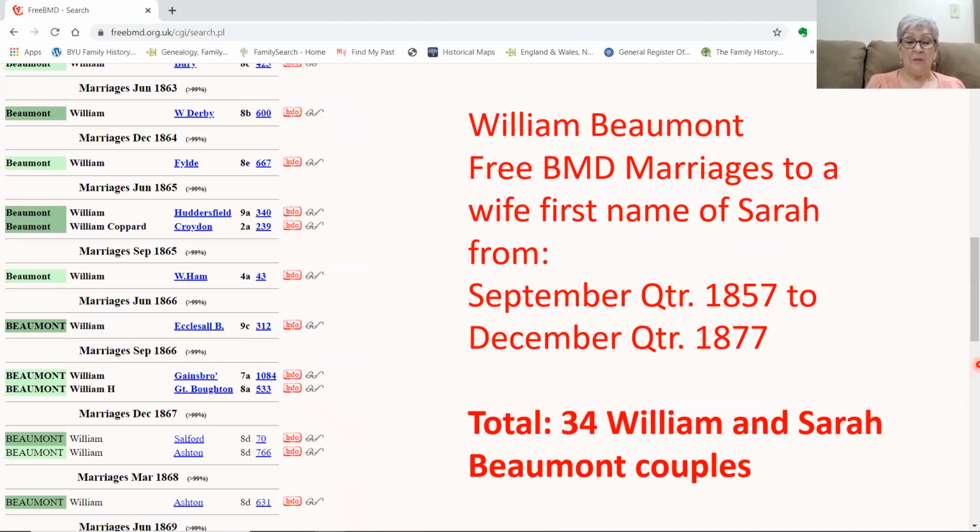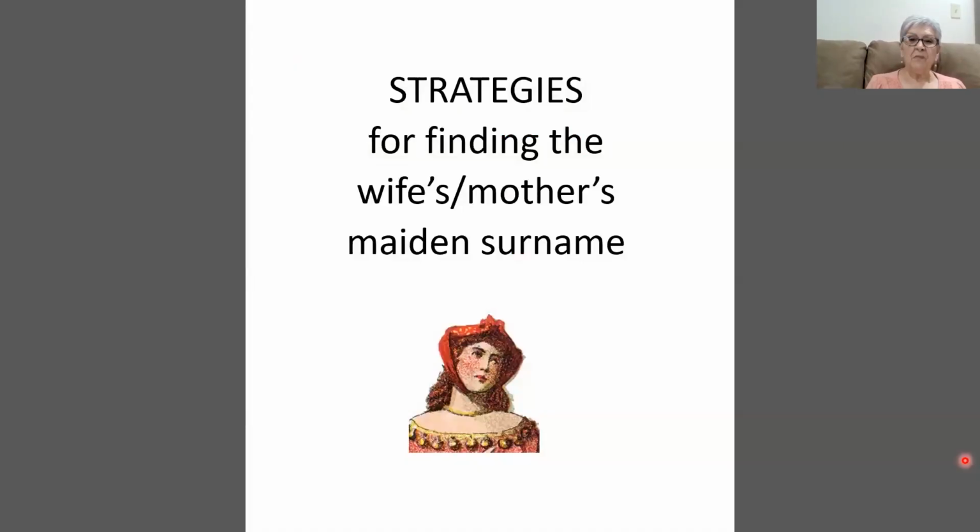So you can see that even my 6 William and Sarah Beaumonts were just a portion of the ones that were actually there on the indexes. So it's not unusual to have someone with a name like William Beaumont marry women called Sarah, obviously. So what are some strategies for finding that wife's or mother's maiden name?